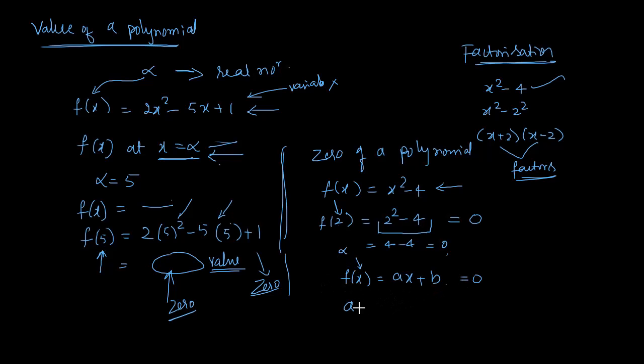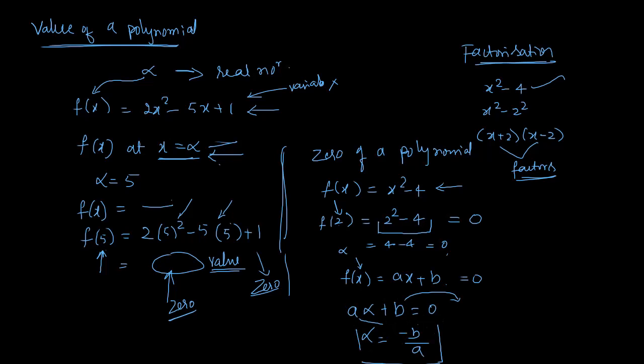So a alpha + b = 0. So alpha will be equal to, if I transpose it that side, minus b, and if I transpose this a, that will be a.